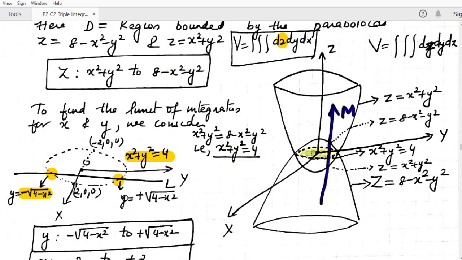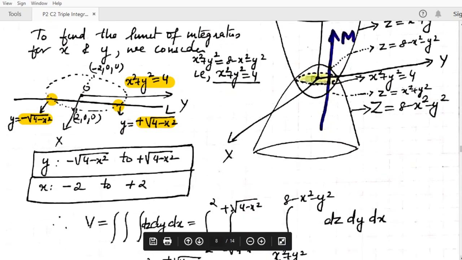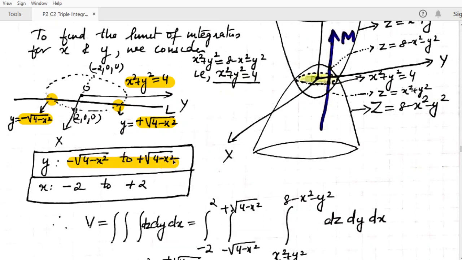So here the value of y will be plus root of 4 minus x square. So we get the limit of y from minus root of 4 minus x square to plus root of 4 minus x square.